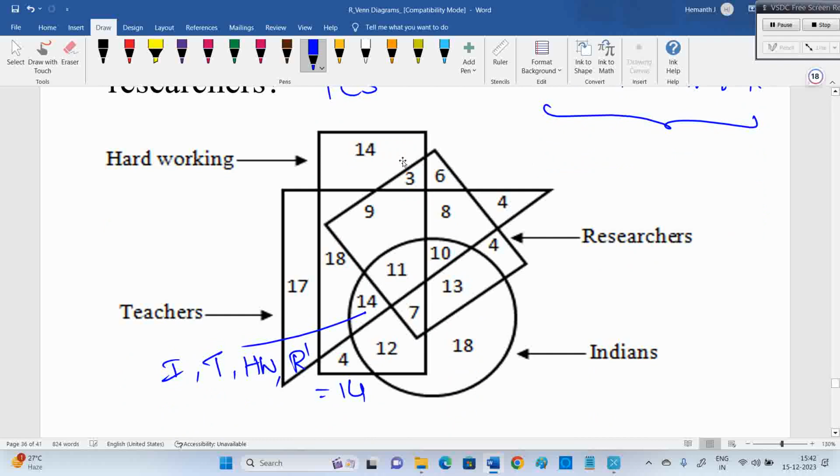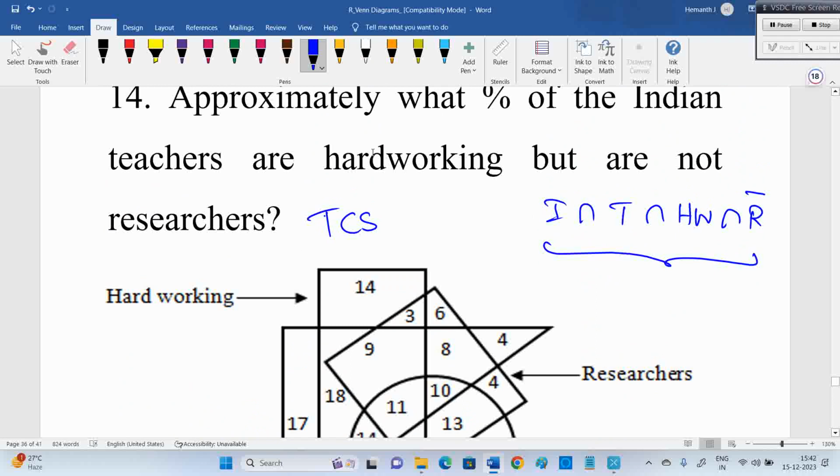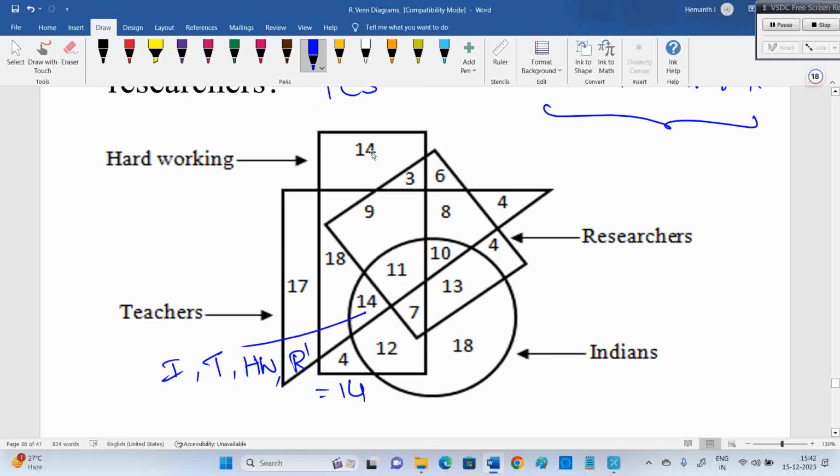Now Indians and teachers is how much? Indians and teachers intersection: 14 plus 11 plus 10, that is 35, right?